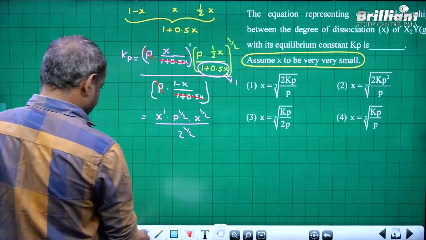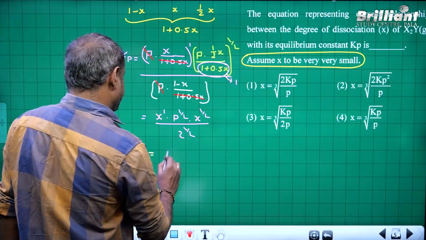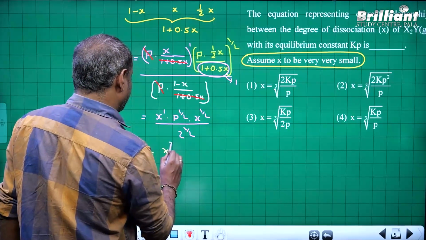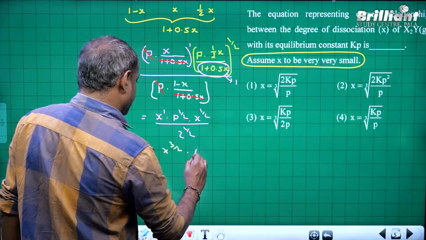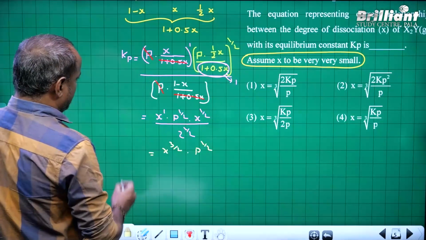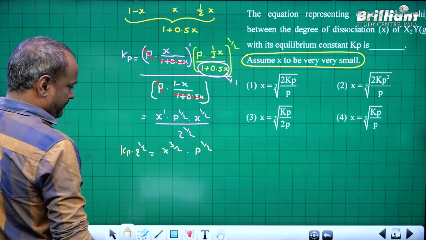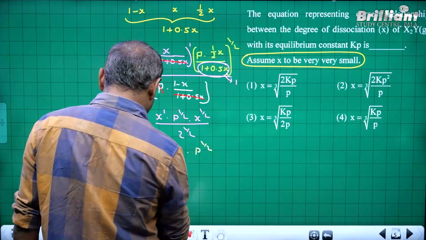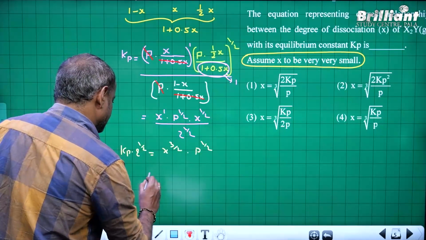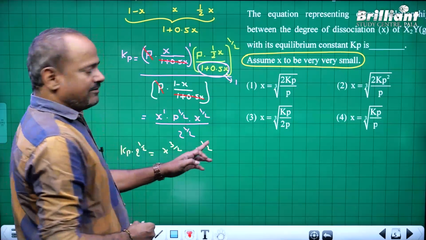Next step: x raised to 1 plus 1 by 2, that is 3 by 2, P raised to 1 by 2, equals Kp into 2 raised to 1 by 2. We want the x value, so you can multiply all the powers with 2.